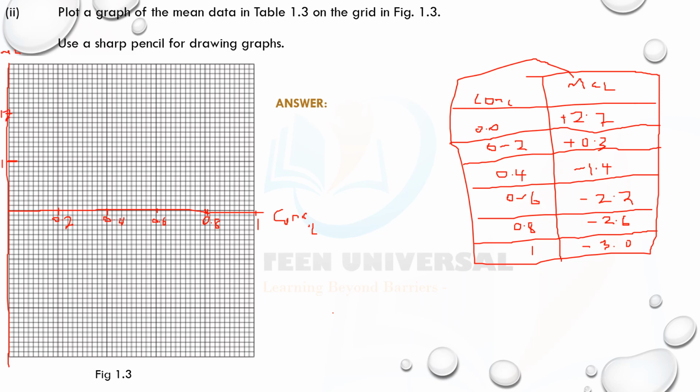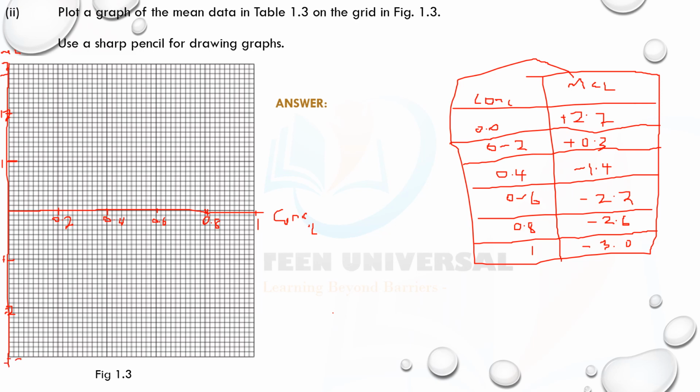And of course this is minus 1, negative 2, and then negative 3 at the edge here, sorry, the graph is at the edge.